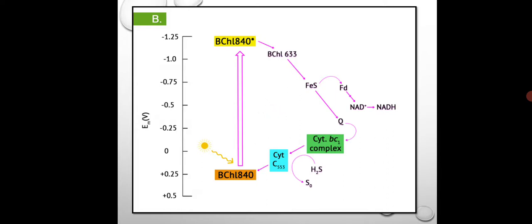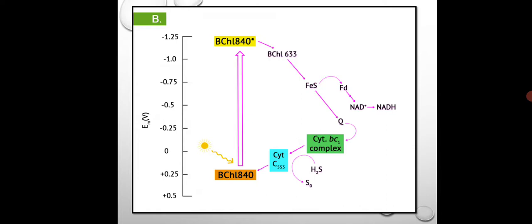There is flow of electrons from the ground state to the excited state and again back to the ground state. This movement creates the pumping of H plus ions, which ultimately leads to the production of ATP. That is the concept behind this whole mechanism.